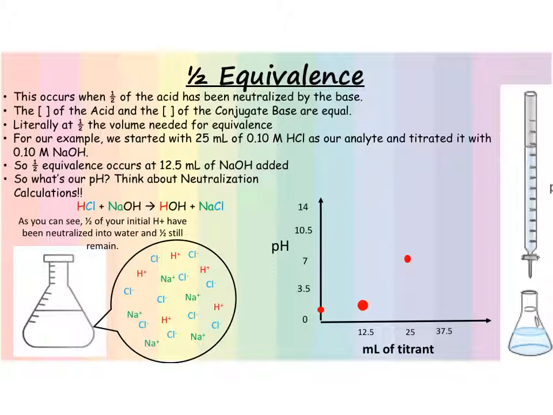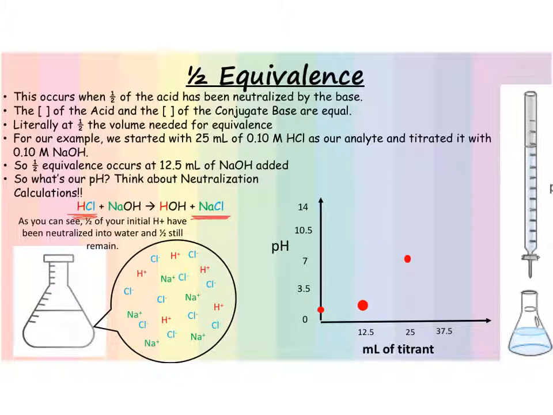For us, what that means in this example is that our acid HCl is equivalent to the concentration of our conjugate base. Our conjugate base in this situation is just the Cl- because Na is a spectator ion. But understand that that's what is equivalent here.